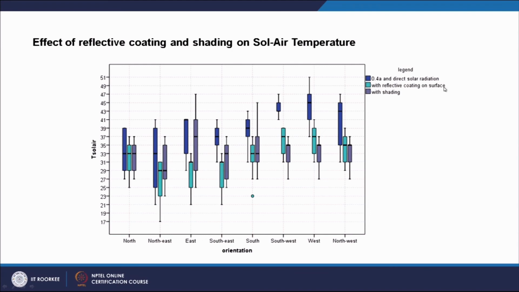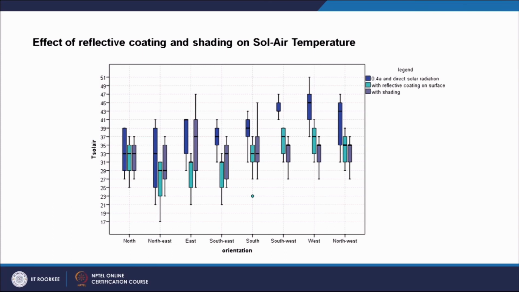Today we get a lot of reflective coatings, commonly called low-E coatings, which are low emissive coatings, done on the wall. Mainly a reflective coating has been applied for the second case. And the third, the same wall, an additional shading system was added to the first case, that is the absorptivity remains, there is no reflective coating, but additionally a shading system was provided, so the wall is completely shaded. You can imagine there is a balcony present in front of the wall.